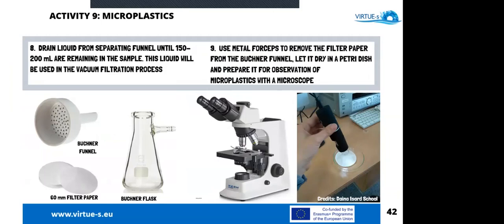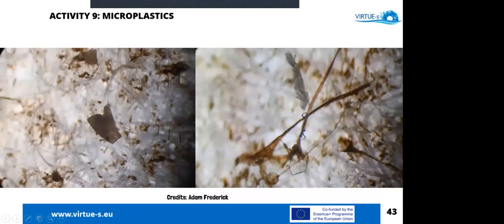You shall vacuum filtrate, placing a filter paper like this on the mouth of a Buchner funnel. Once the filtration process is over, you can remove the filter paper and prepare it for observation with a microscope. And here we have some pictures taken while detecting and observing the samples with the stereoscope.